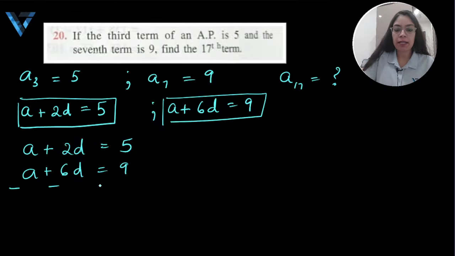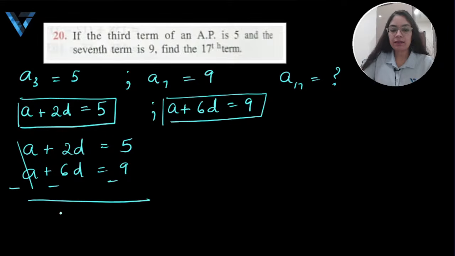Minus here, also minus, then plus A and minus A get cancelled. 2D minus 6D is minus 4D and 5 minus 9 is minus 4.